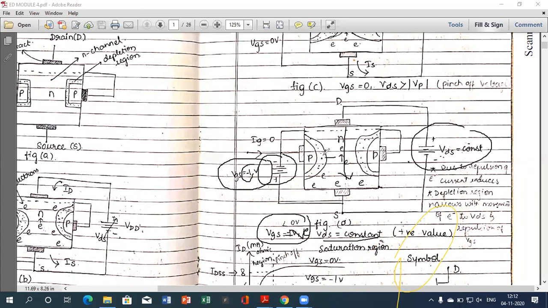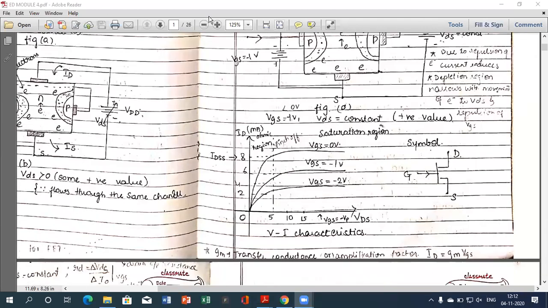Because of the negative terminal of the supply, the electrons in the channel start reducing, and for a particular value of negative voltage, the current gets saturated. That I will show you here itself.